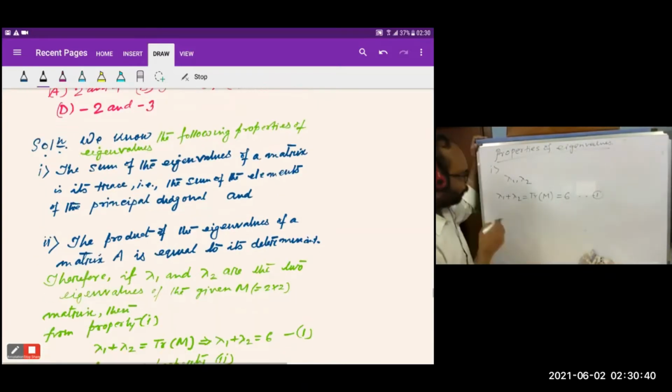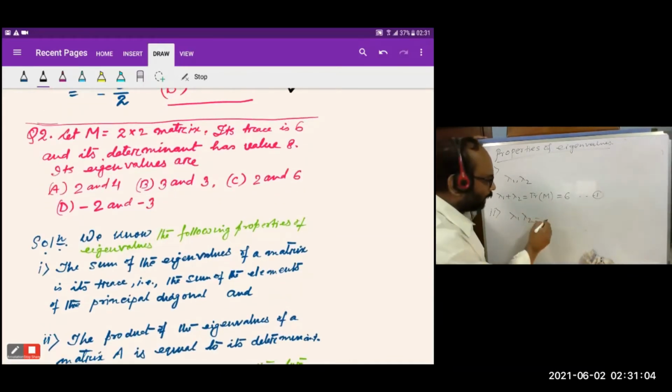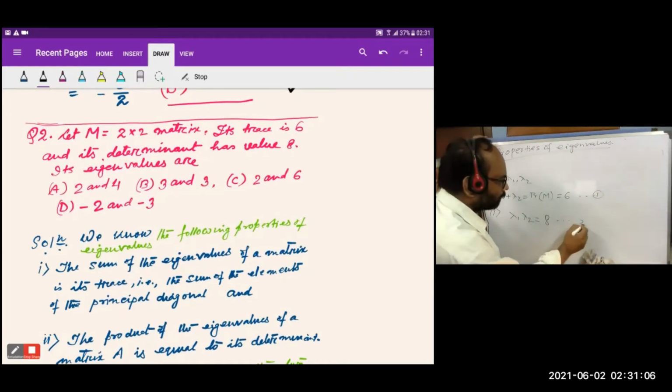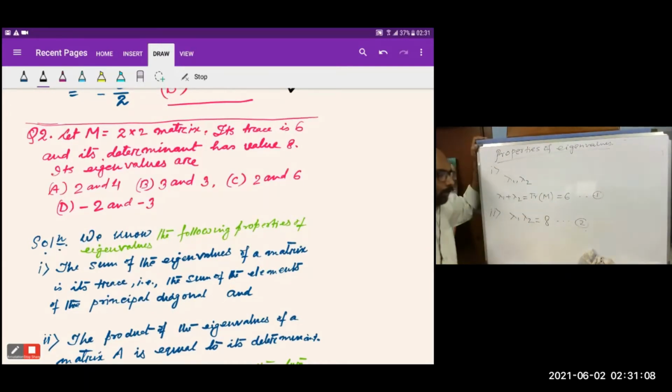Next property, the product of the eigenvalues, lambda 1 times lambda 2, of a matrix A is equal to its determinant. What is the value of the determinant given? 8. This is my equation number 2. We have to find out lambda 1 and lambda 2.